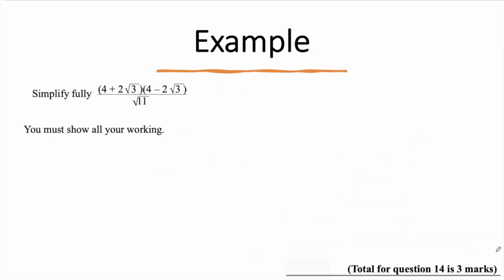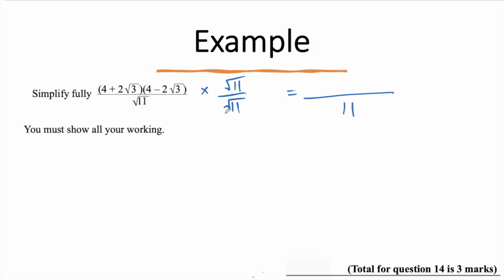And finally, one last example. Root 11 is the denominator, so of course we need to multiply top and bottom with root 11. Root 11 times root 11 on the bottom gives us 11 overall.